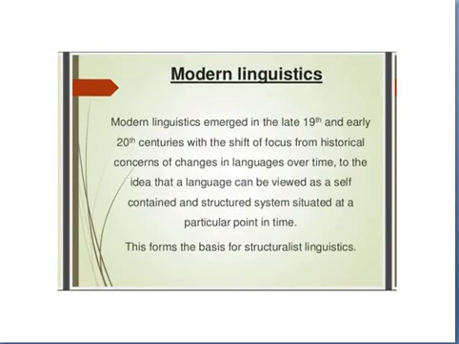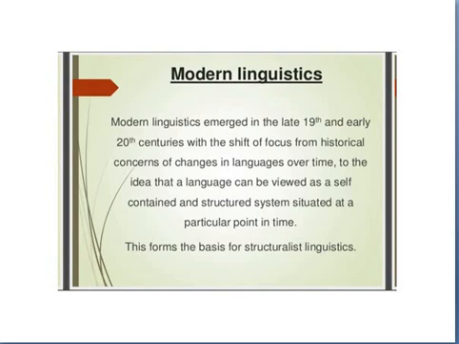Modern linguistics. Here is our today's topic, and now we are going to focus on modern linguistics. Obviously I had to go through the history of linguistics first in order to understand modern linguistics.